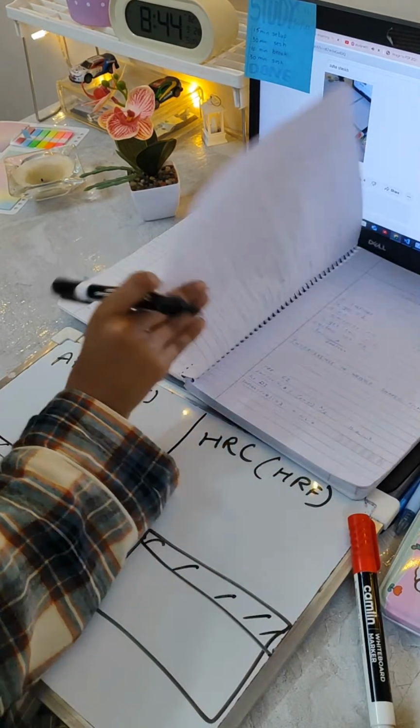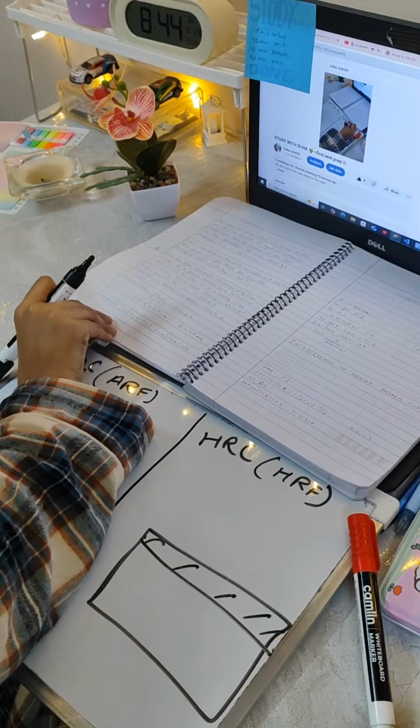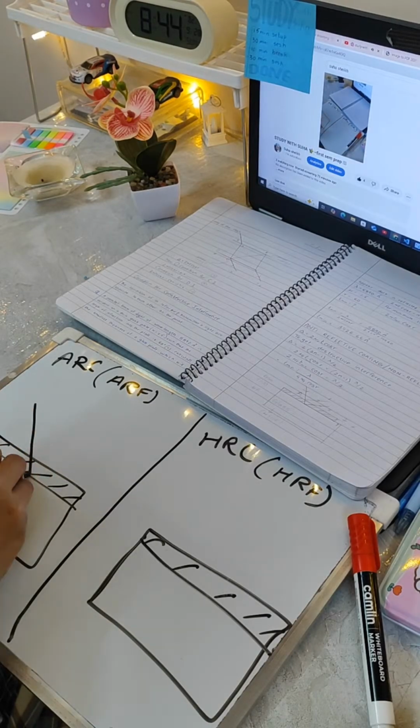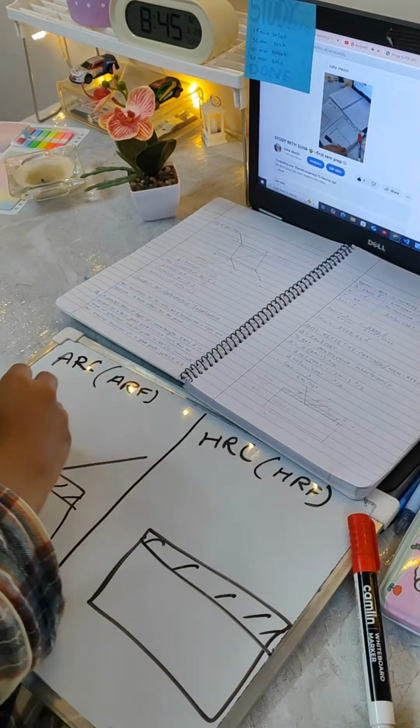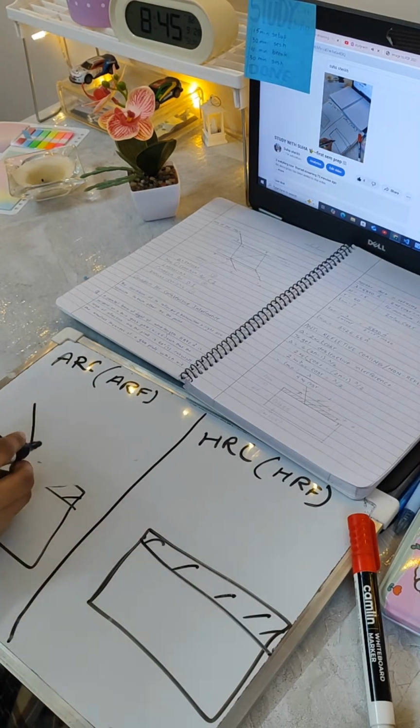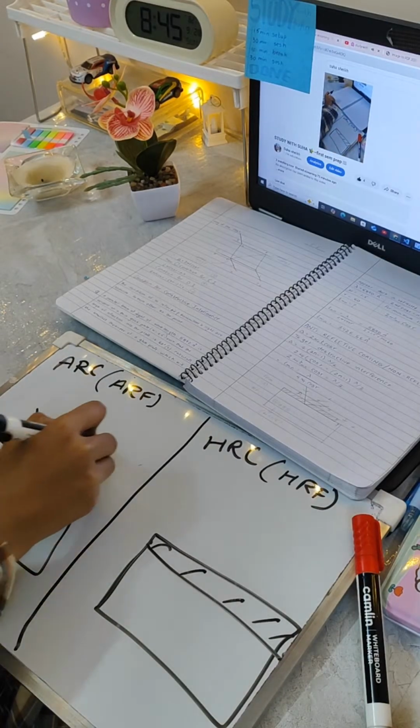Here's how this works. This goes here and gets reflected, but I did it wrong. Right, this goes here and then it gets reflected.